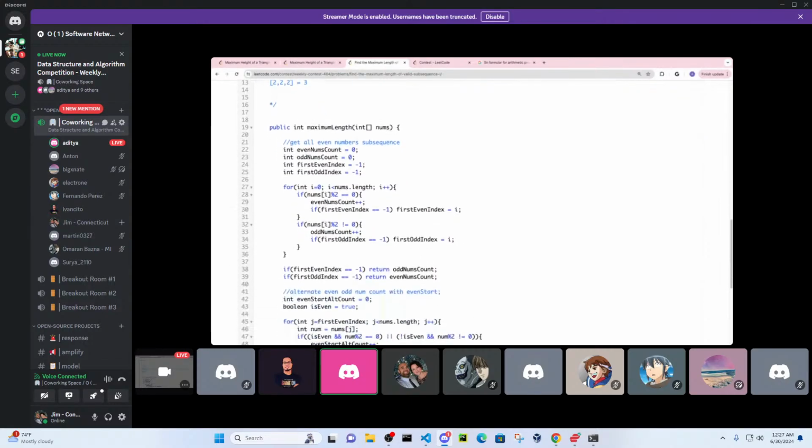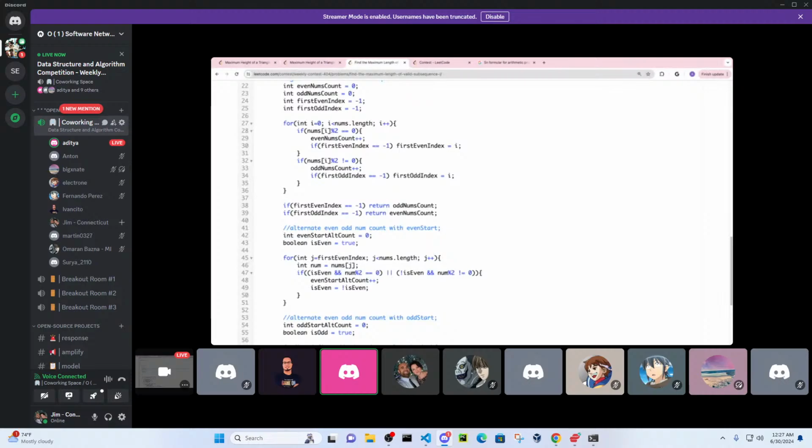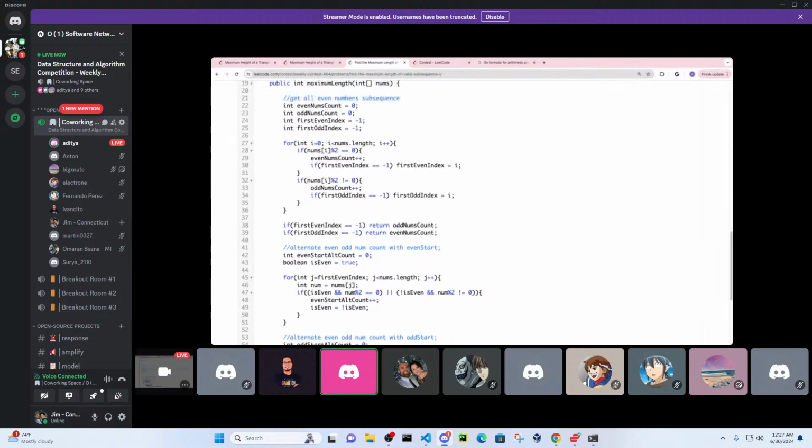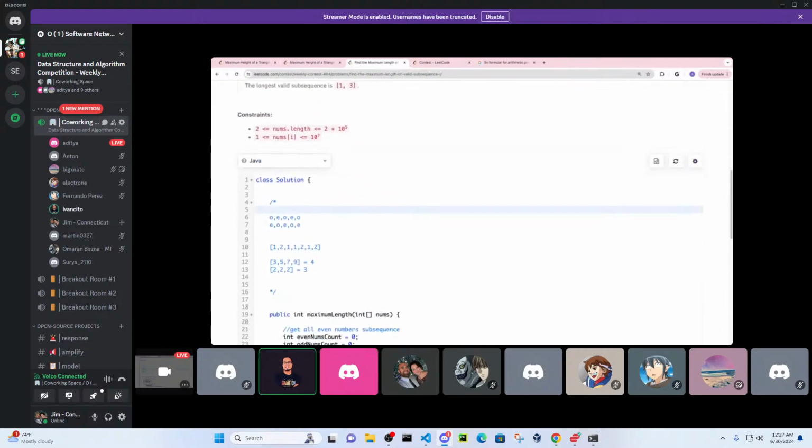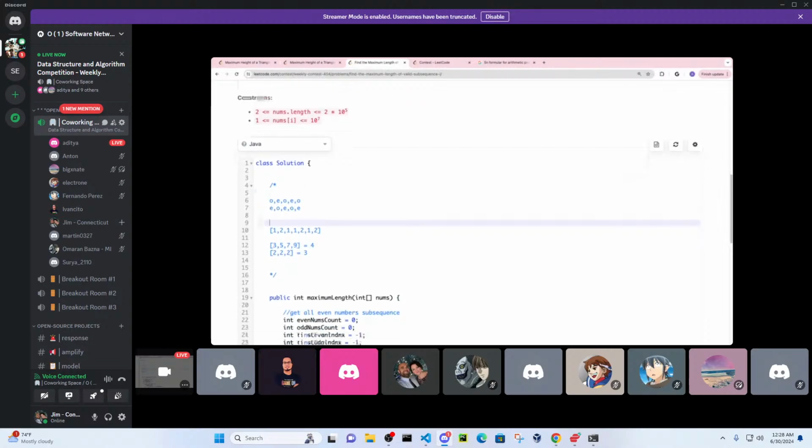I don't think there was anything with data structures in the first two problems. The third problem is about a data structure, but the first two were pure math actually. Got it. So this was pure math, but it wasn't data structure exactly.